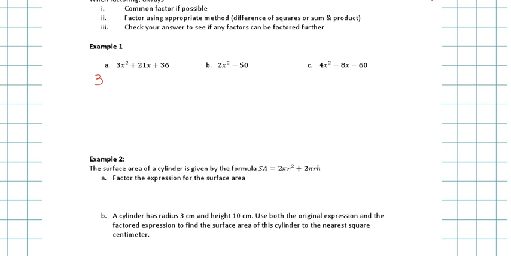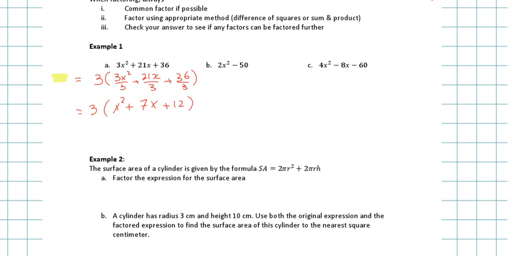So I have to divide every term by 3. If you don't want to write this step, that's okay. If you want to jump right away to the next step: what's 3x squared divided by 3? x squared. What's 21x divided by 3? 7x. And 36 divided by 3 is 12.